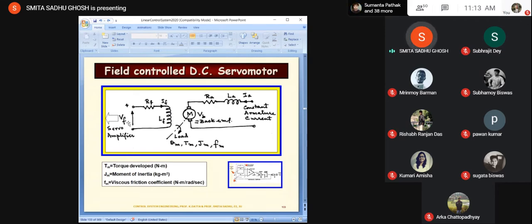Because it is a field controlled DC servo motor, VF, that is the field voltage, is what is applied across the field terminals. RF and LF are respectively the resistance and inductance of the field circuit.